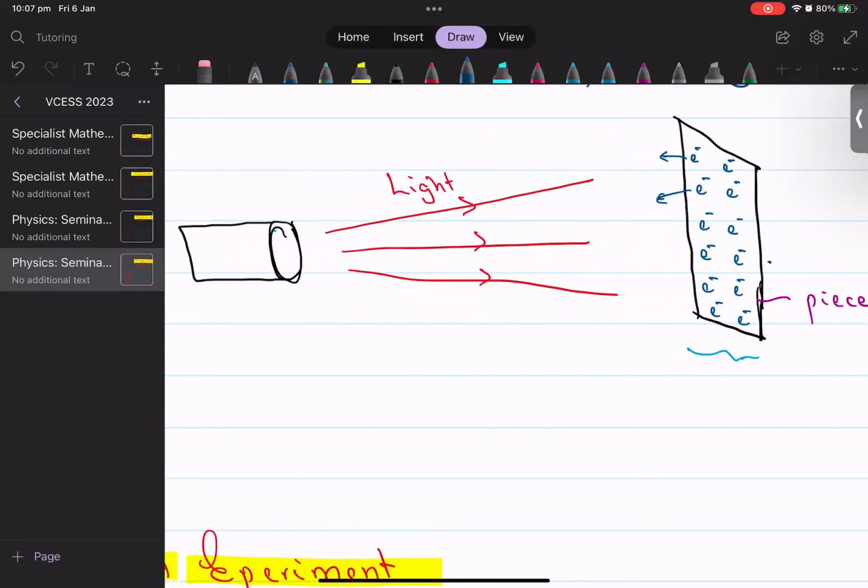If the intensity of the light is high enough, then you see that more electrons are liberated.